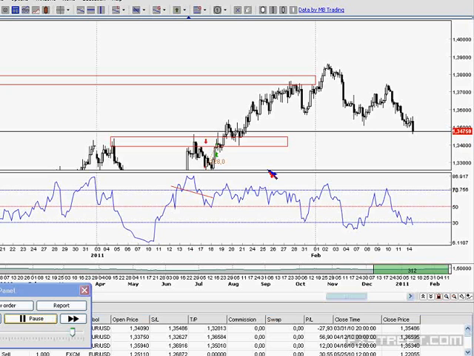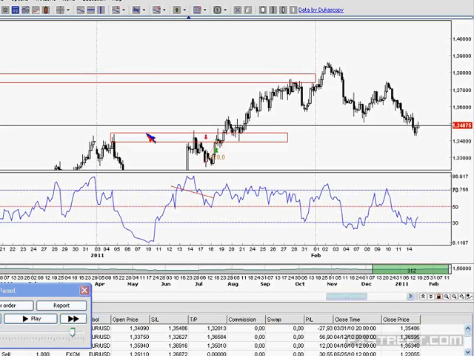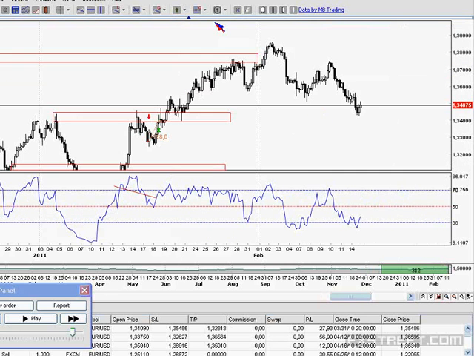So for me, the role this area played is already finished. For a short commitment, it was in fact this area here, where we entered a short trade and where it stopped out here.